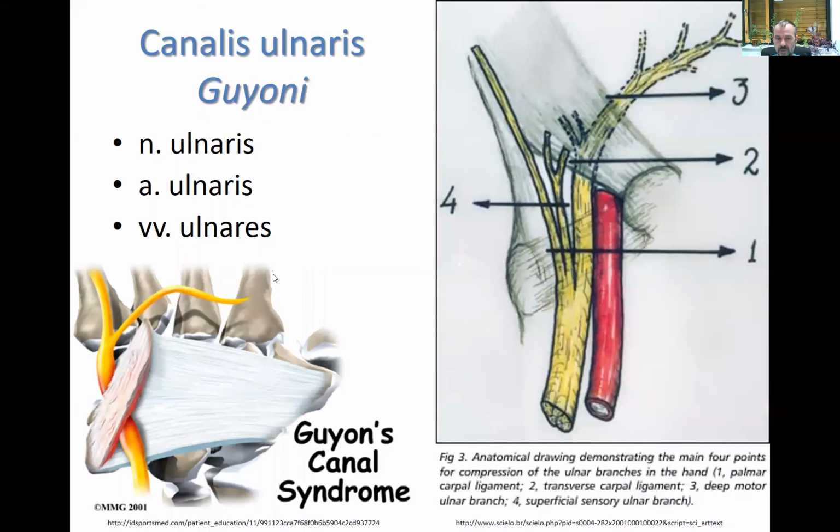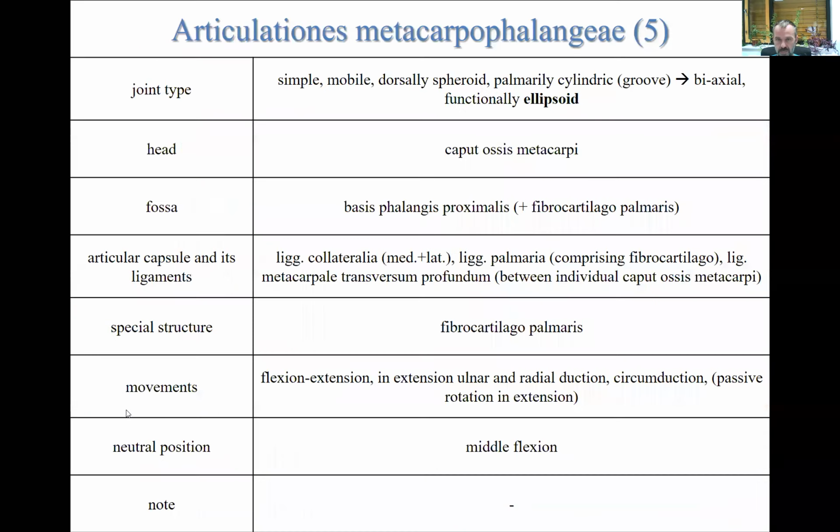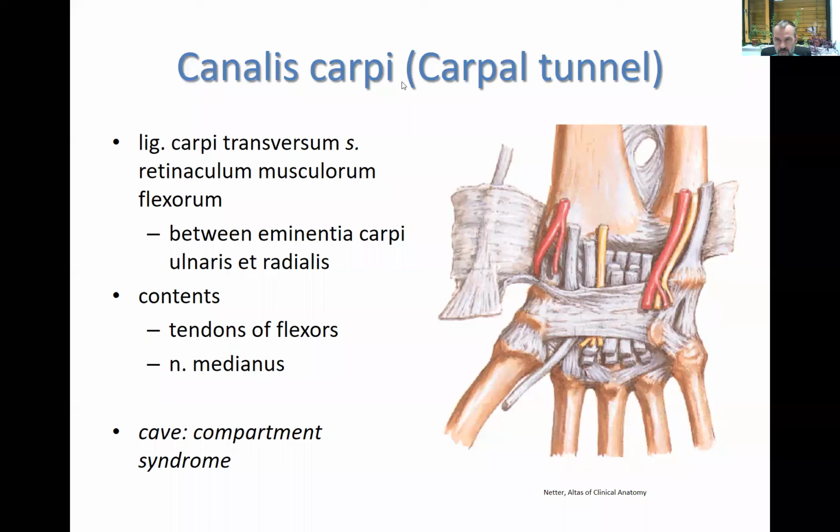Another canal is ulnar canal. Yeah? We can see that the ulnar canal is located here. And maybe we can see it also here. So it's located superficially, ventrally from the retinaculum. The content is again a nerve, ulnar nerve, and ulnar artery.